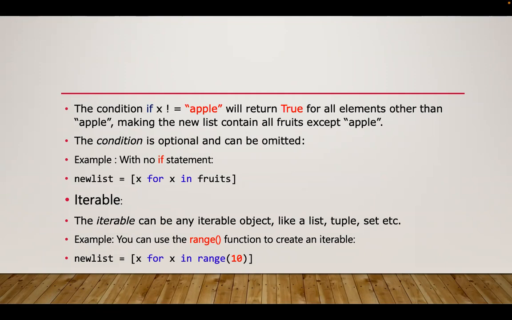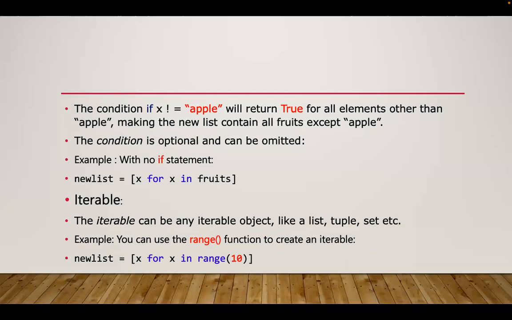Example with no if statement. So we have new list x for x in fruits. The first syntax is x for x in fruits, or you say fruit for fruit in fruits. Iterable can be any iterable object like list, tuple, set. Iteration means running through a list, a tuple, a set.